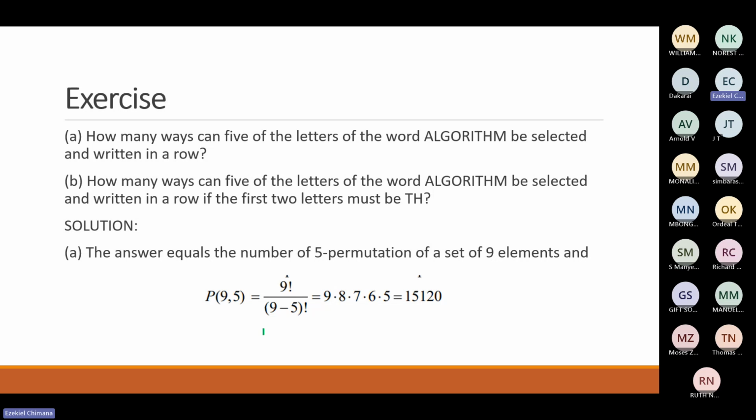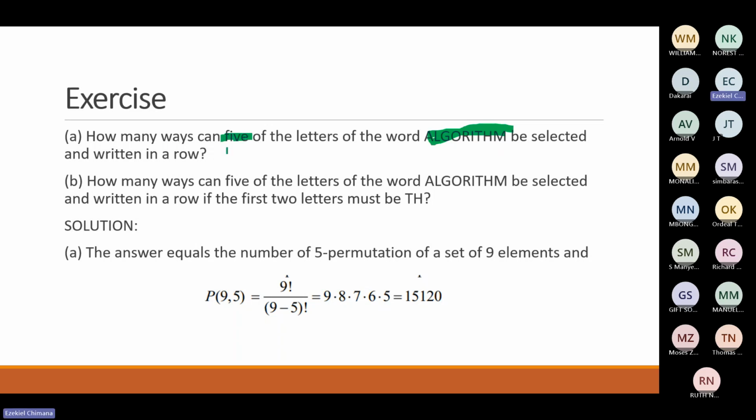How many ways can 5 of the letters of the word algorithm be selected and written in a row? If you look at this one, you are given the word algorithm, and then you are given 5 here.